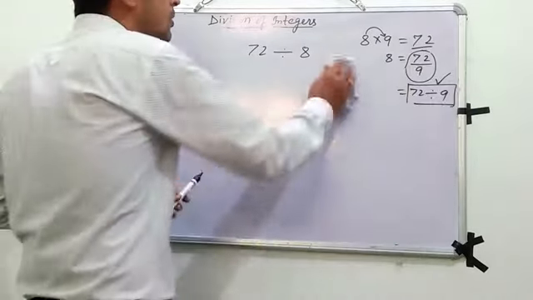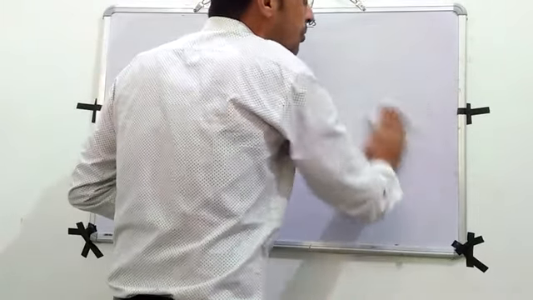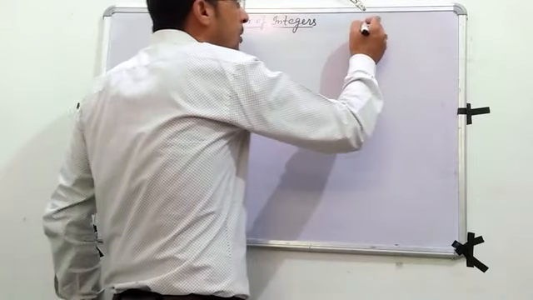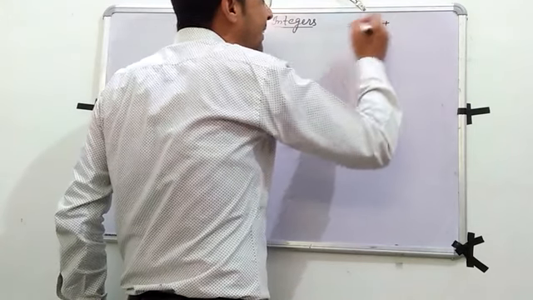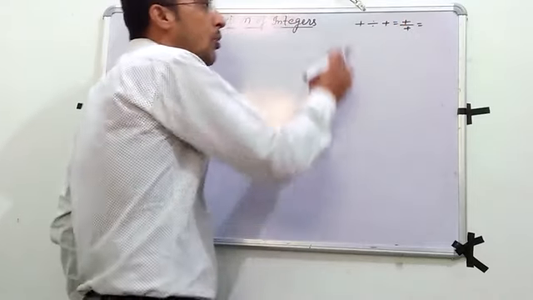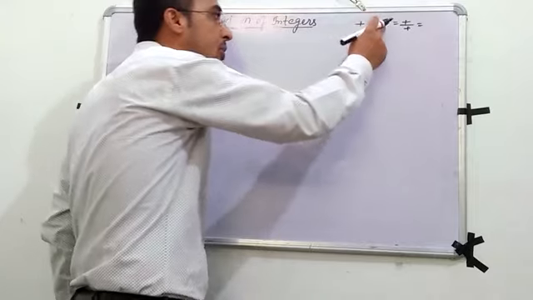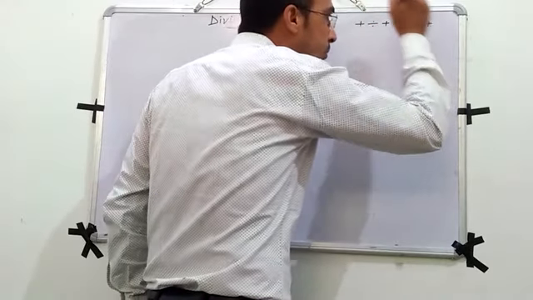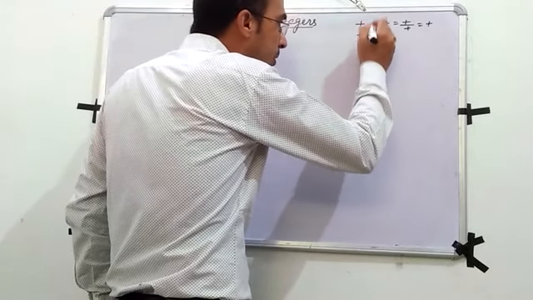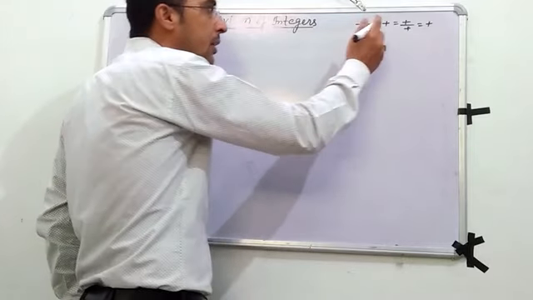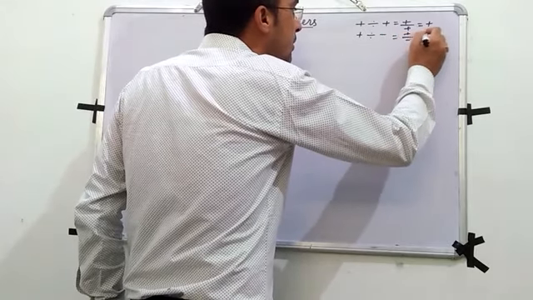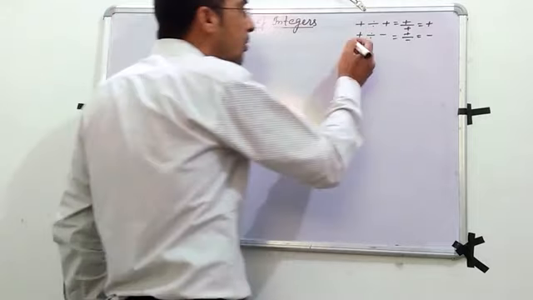After that, we should know a rule about division. Plus divided by plus, meaning a positive integer divided by a positive integer, what will be the sign? Always positive. Is it clear? Now plus divided by minus equals minus.